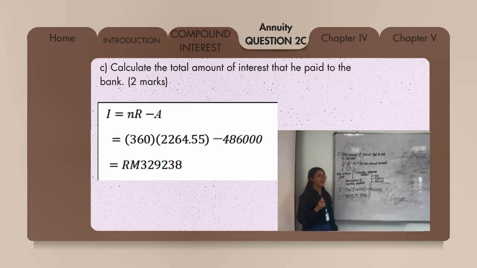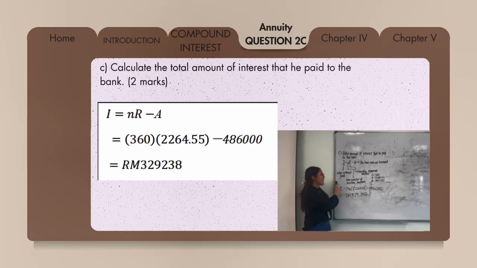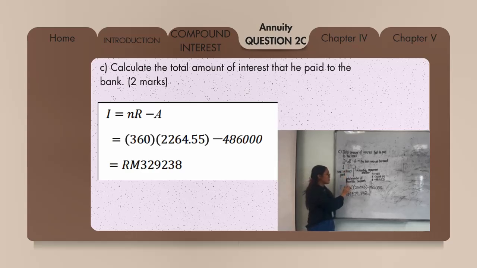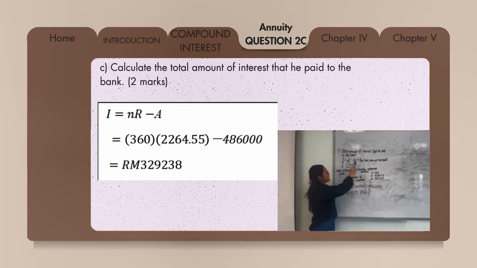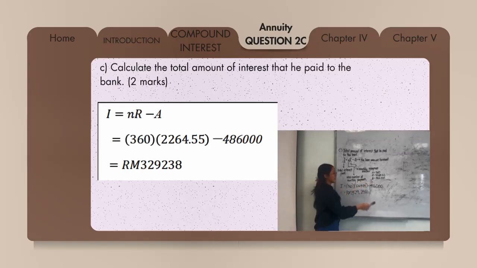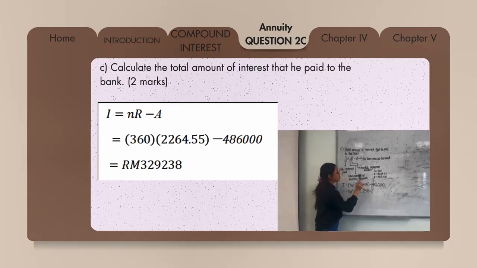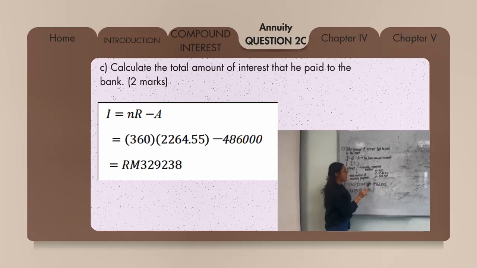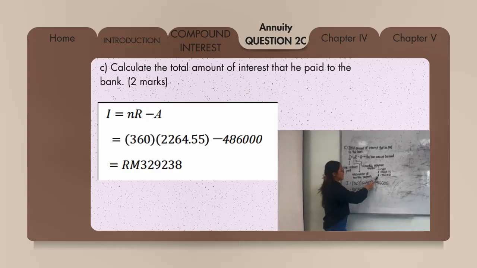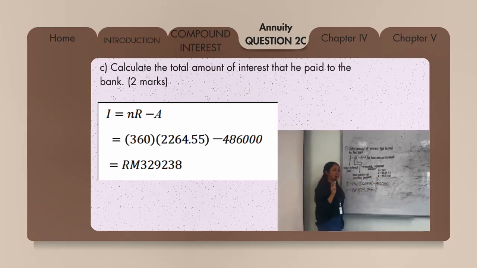For question 2C, the total amount of interest that he paid to the bank, we use the formula I equals NR minus A. I is the total interest paid, N is the total number of monthly repayments, R is the monthly repayment amount, and A is the loan amount borrowed. So N is equal to 360, R is equal to 2,364 ringgit and 55 cents, and A is equal to 486,000 ringgit.